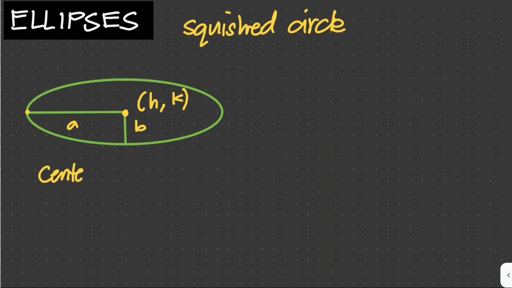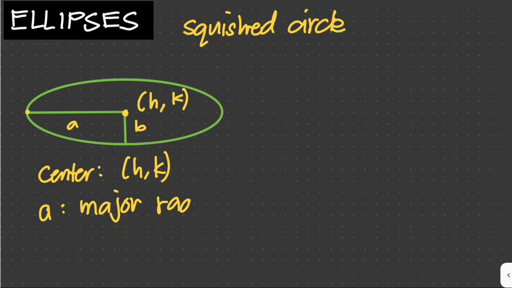So center HK, A is our major radius. This is the length from the center to the edge of the ellipse, as well as B, the shorter one, which is our minor radius, the length from center to top and bottom of the ellipse.